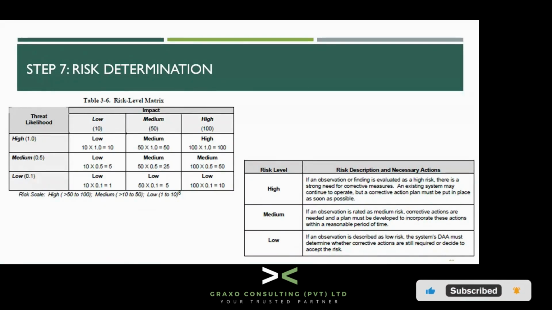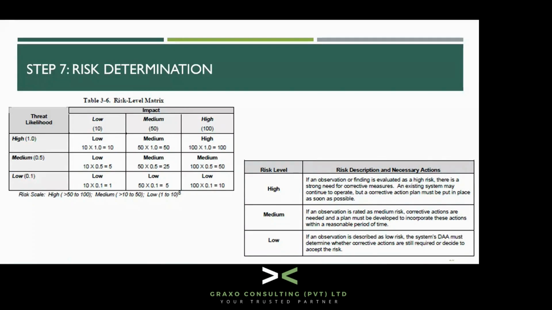We need controls to reduce the risk or completely eradicate it. An existing system may continue to operate, but a corrective action plan must be put in place as soon as possible. This is critical, so it needs to be implemented as soon as possible.